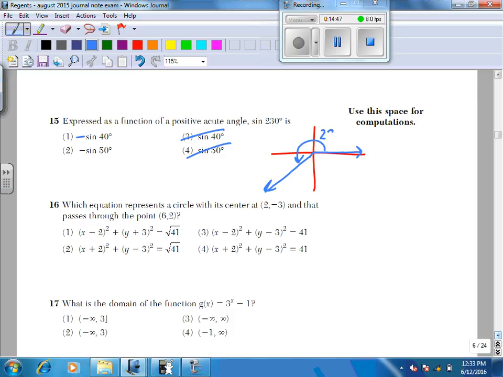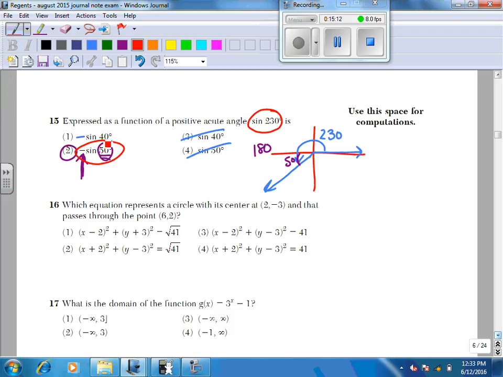If I draw an angle of 230 degrees, what's my reference angle? How much have I passed 180 degrees by? 50, so that's why my answer is choice 2. We're in the third quadrant, sine should be negative, not positive, and 50 is our reference angle. But again, plug this in the calculator. Those are the only two that give you the same exact answer.